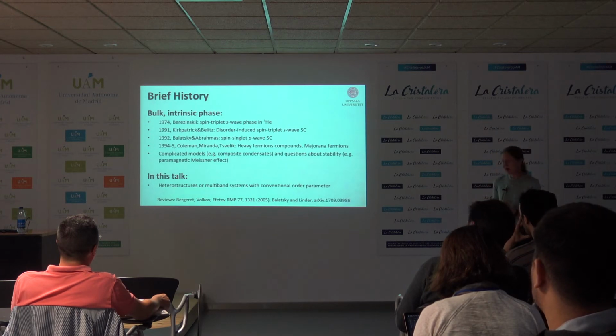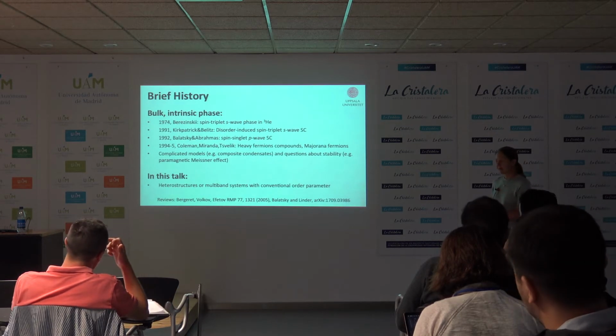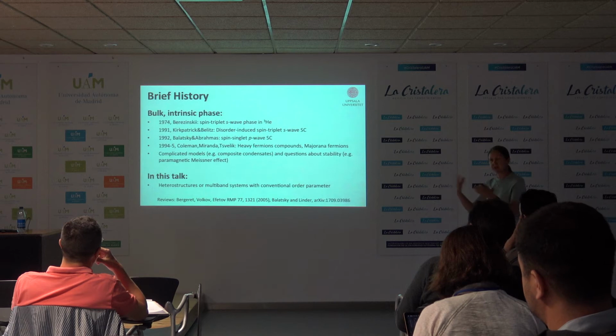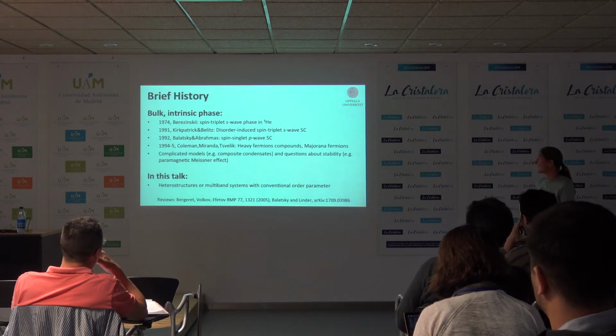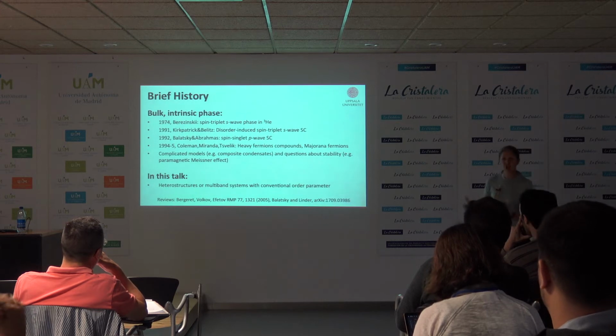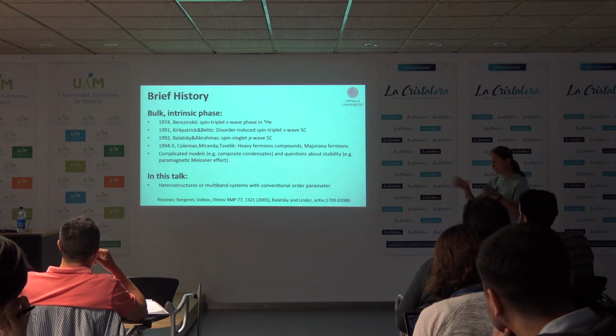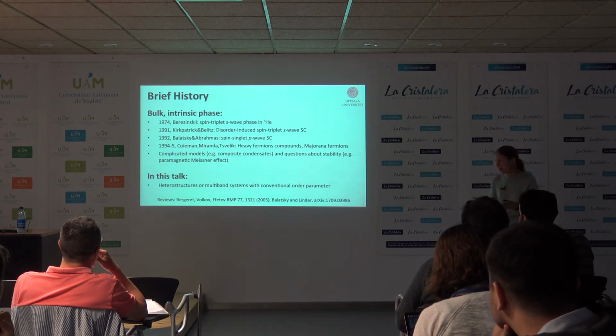But what I'm going to talk about is instead where we start with a very conventional order parameter. We have some dull superconductor that just generates the Cooper pairing that we need, and then we look at what the state actually looks like. So this can, for example, be heterostructures where we make a Josephson junction of some material, for example the Weyl nodal loop material I'm going to show later.